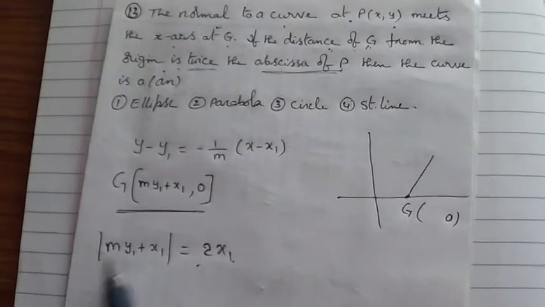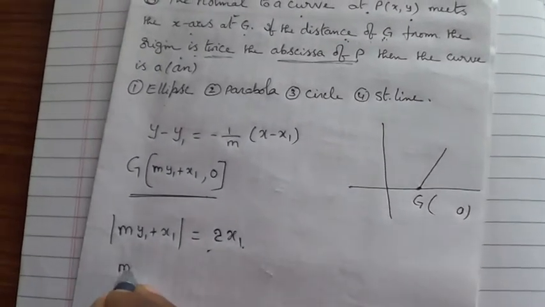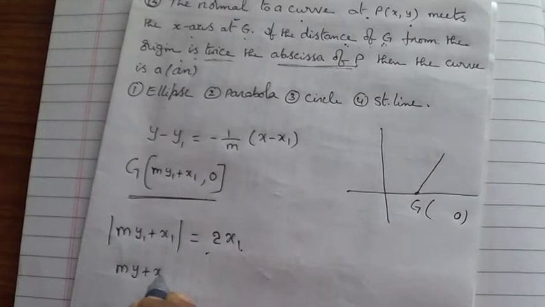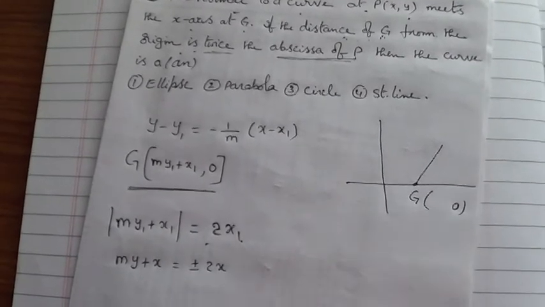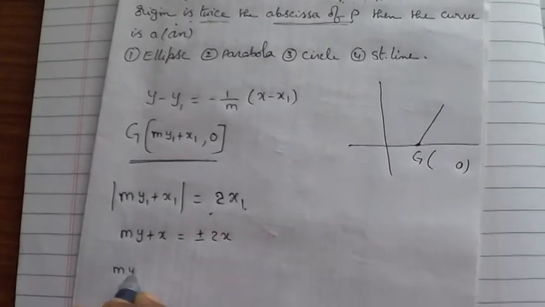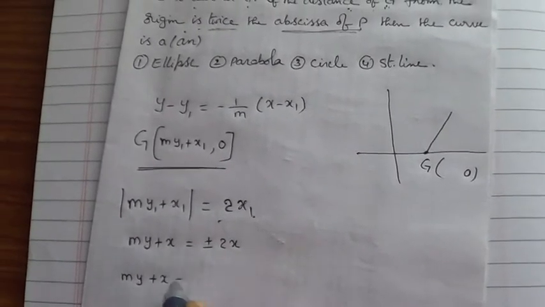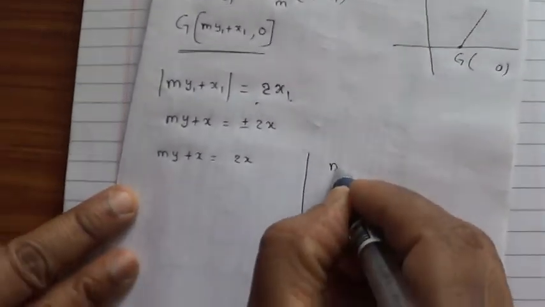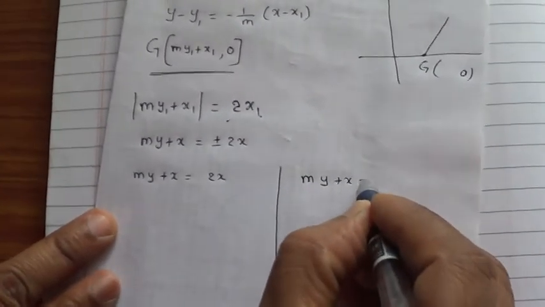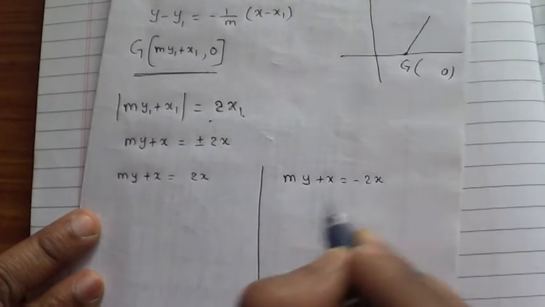I took x1 y1. Now we can write this as m y plus x is equal to plus or minus 2x. Therefore we are getting m y plus x is equal to 2x. That is one possibility. Next m y plus x is equal to minus 2x, another possibility.